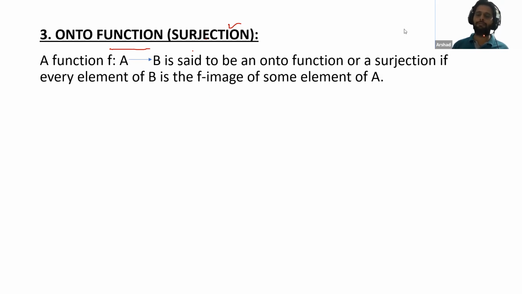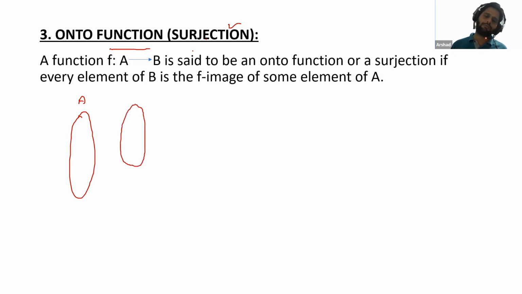So what does this mean? This means suppose you have a set A, you have another set B. This is A1, this is A2, this is A3, let it just be A4. Suppose this is B1, this is B2, this is B3.